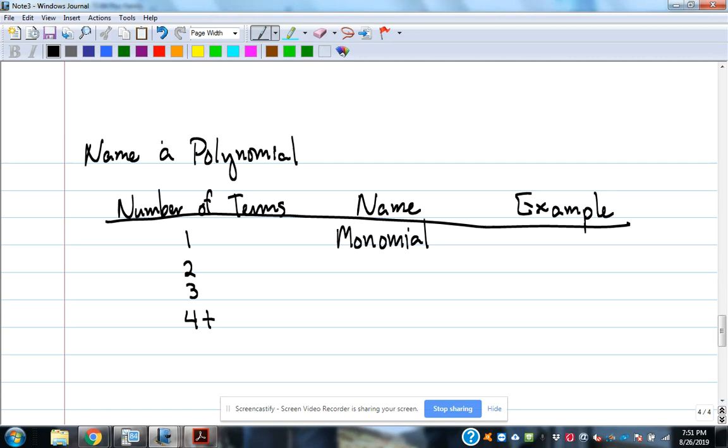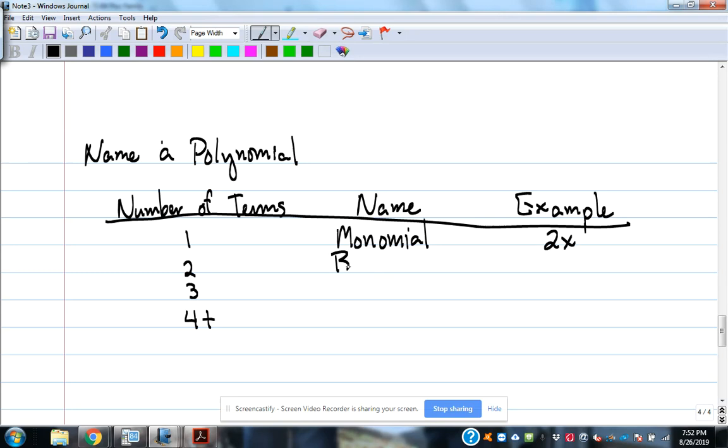Okay, just one term. An example of that might be something like 2x. Could be 2x to the fifth power, but there's no addition, no subtraction. That's how it's a monomial. There's only one piece, no other terms.